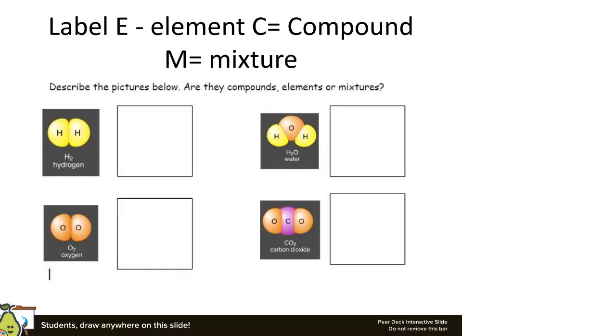Okay, so who can write in here? Let's take a look. Which one of these is a molecule? An element that's a molecule. Can anybody write in there? Won't let you drag. How about somebody write in which one of these is a molecule?